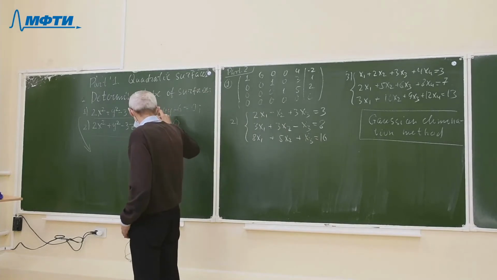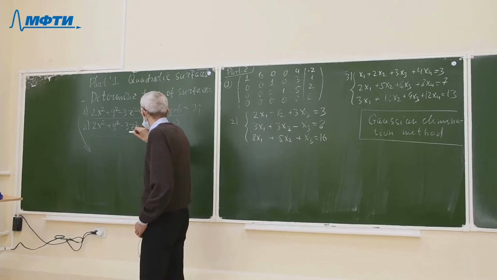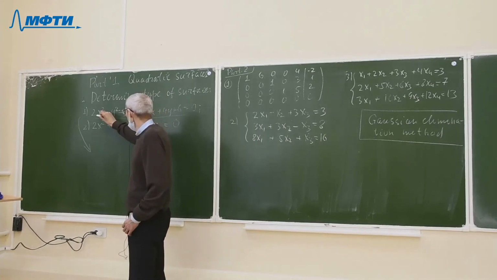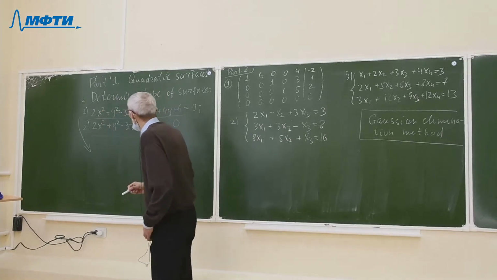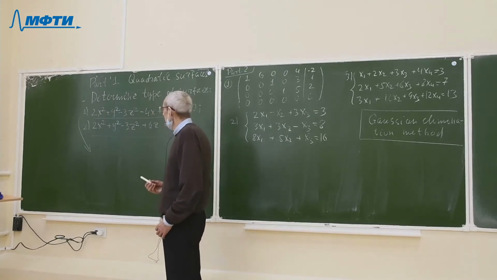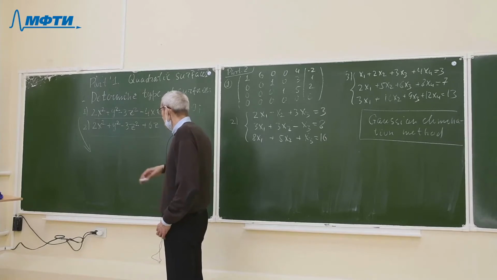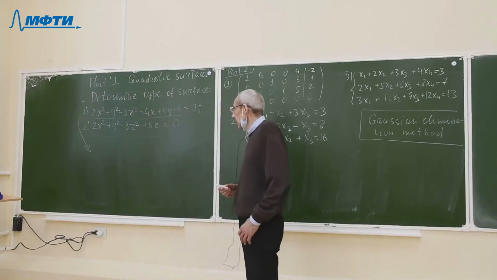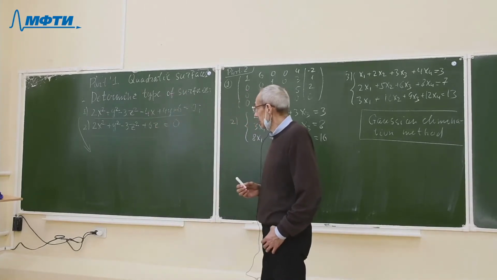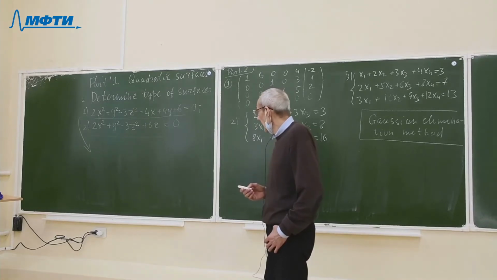We can group the elements which contain the same variables, quadratic and linear terms, and simplify using the formula for the square of the sum.